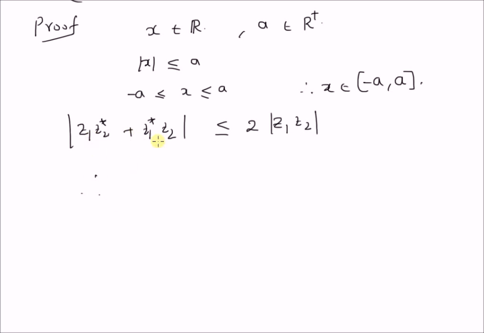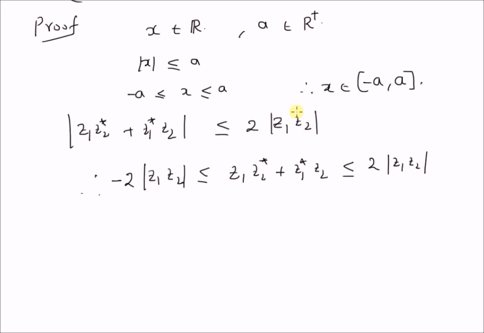Therefore, the value of this sum lies in the interval: minus 2 times |z1 z2| is less than or equal to the sum z1 z2* plus z1* z2, which is always less than or equal to 2 times the absolute value of the product z1 z2.